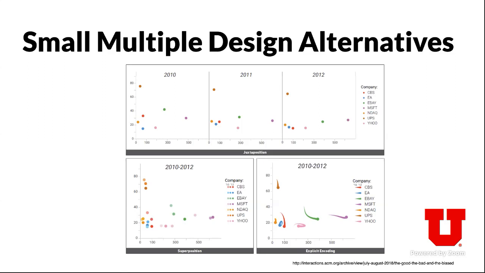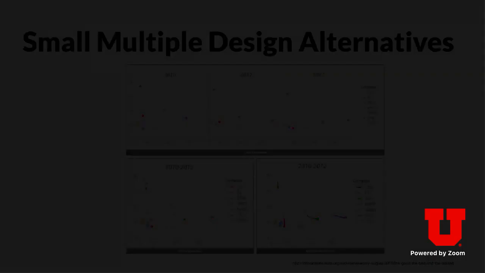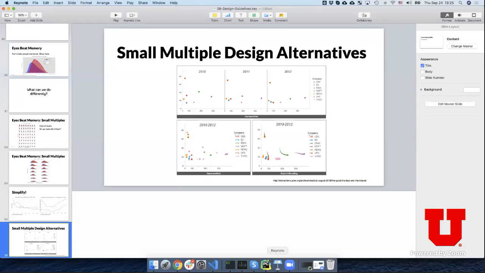That would give us an idea of how these companies develop. Or we could do this explicit encoding with these little tails here. So it often pays off to think a little bit more about what you're trying to do. I want to move on to a design critique and an activity.